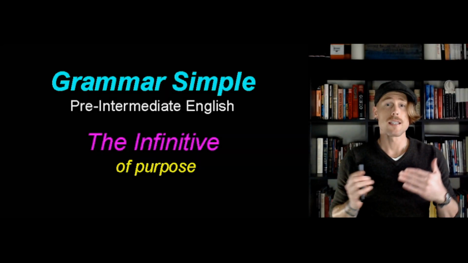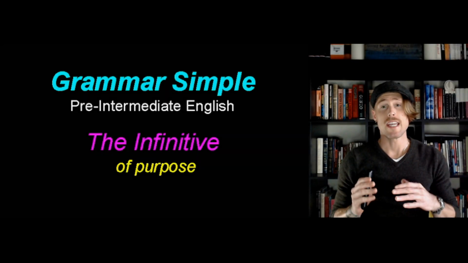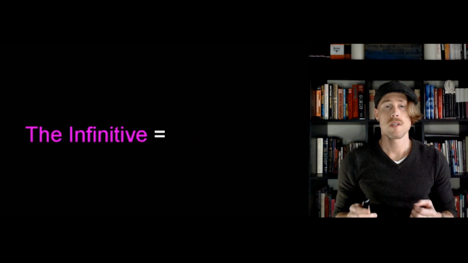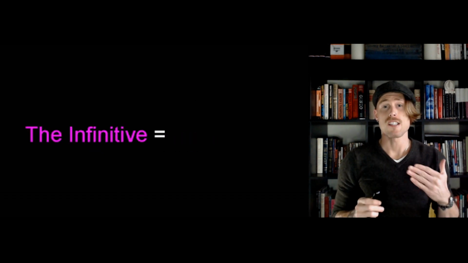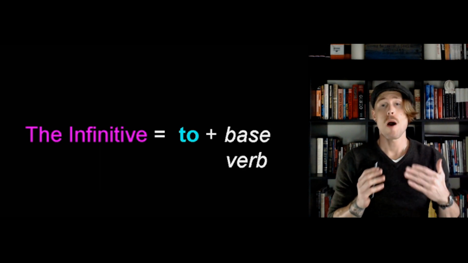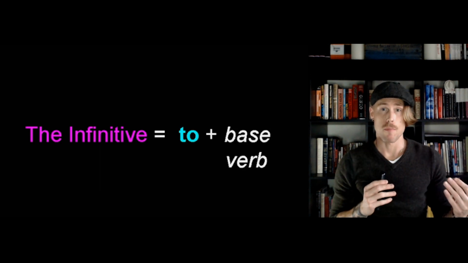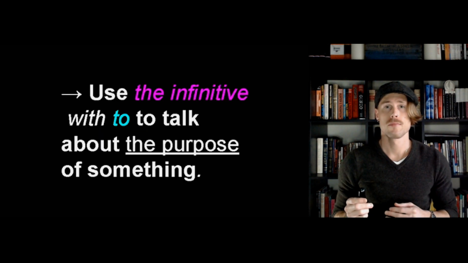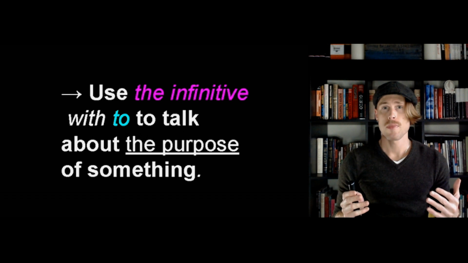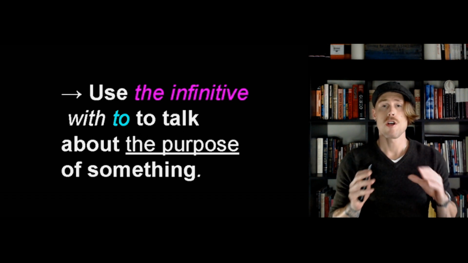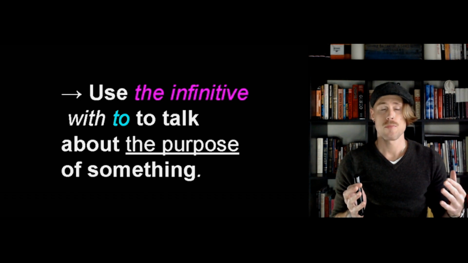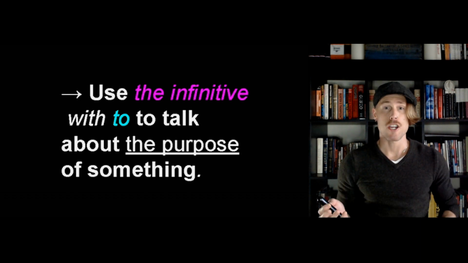Okay, let's talk about the infinitive of purpose. The infinitive is formed by using to plus base verb. Use the infinitive with to talk about the purpose of something, usually an action.